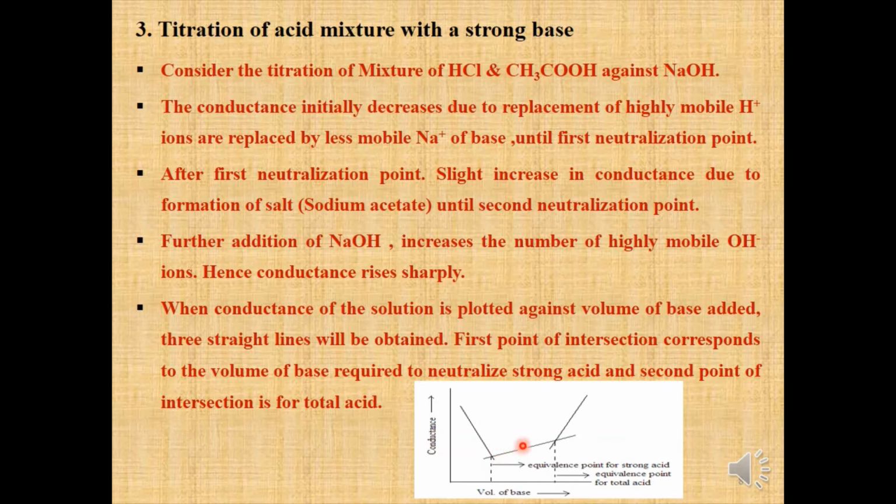Further addition of sodium hydroxide increases the number of highly mobile OH minus ion, hence conductance rises sharply. So three straight lines are obtained. The first point of intersection gives the volume of sodium hydroxide required to neutralize strong acid. The second point of intersection gives the volume of sodium hydroxide required to neutralize total acid.